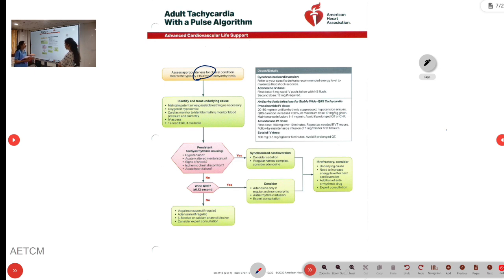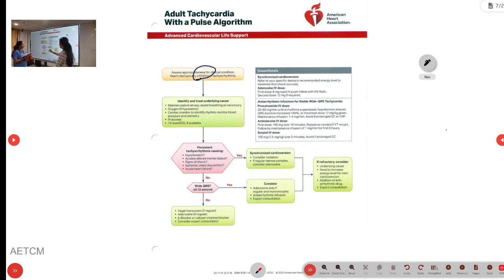If it is not a wide complex, narrow complex, we go for vagal stimulation or adenosine, beta blockers or calcium channel blockers. We'll see whether this SVT is reverting or not. If it is wide complex and non-reverting, we'll consider adenosine, then antiarrhythmic infusion and expert consultation.